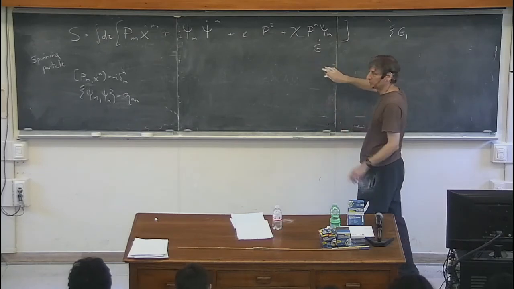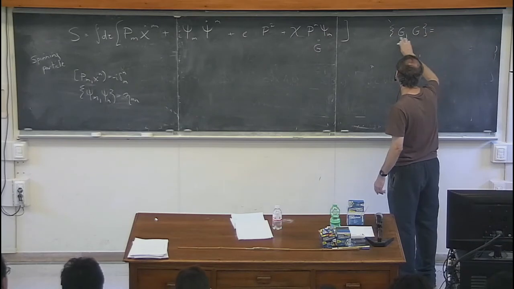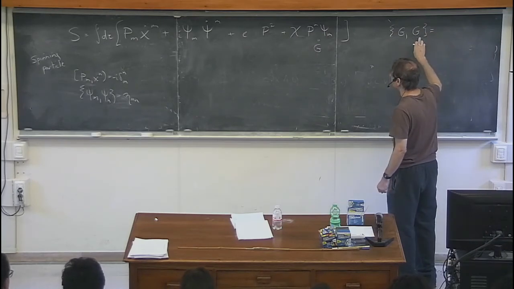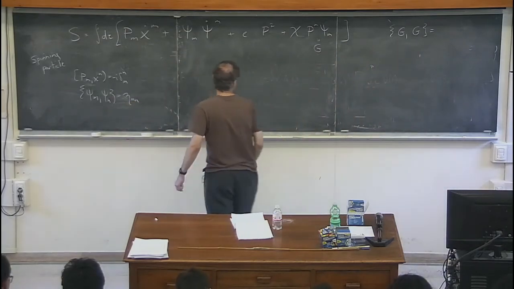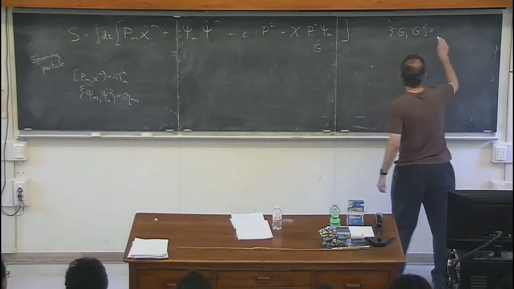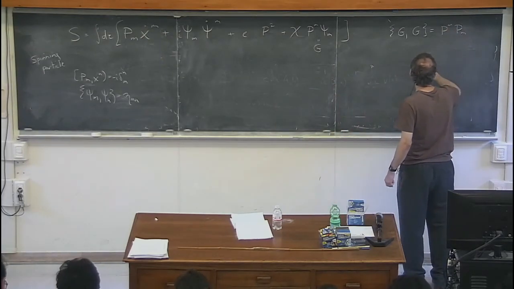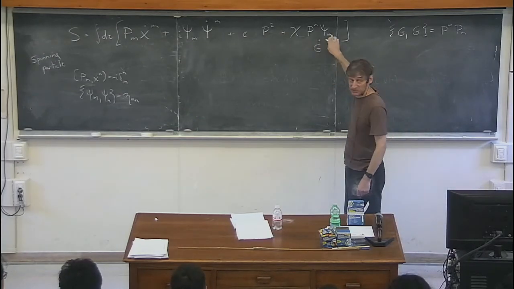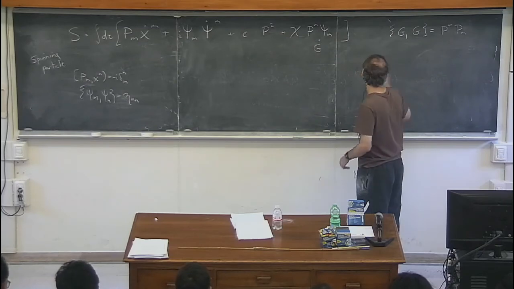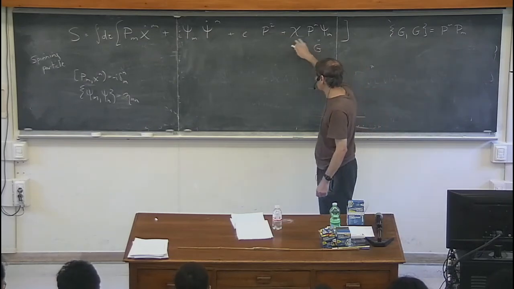If it's anti-commuting, it doesn't have to anti-commute with itself. So classically, G squared is 0, but because of this anti-commutation relation, you find that the anti-commutator of G with G is just P squared. So it just gives you the other constraint. These are first-class constraints because they commute or anti-commute to a constraint, but it's not abelian, so it's non-abelian.